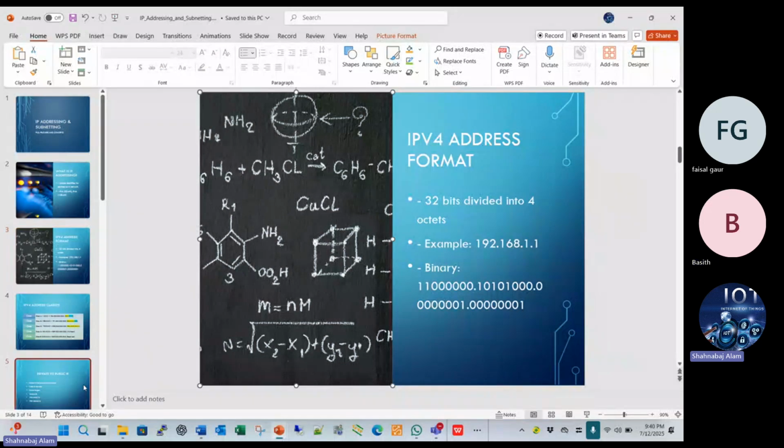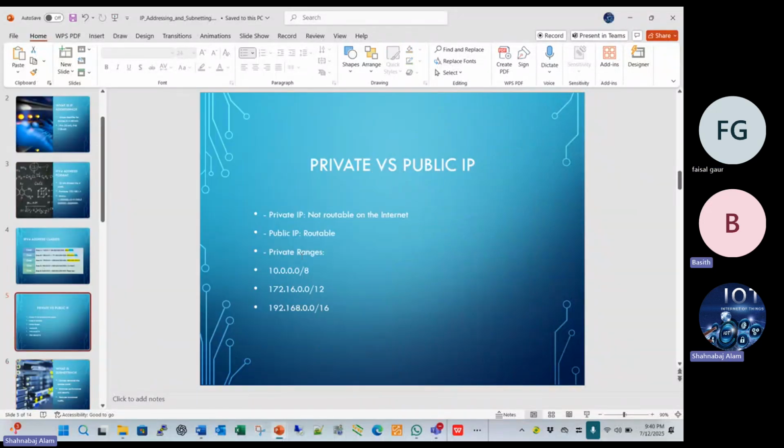Okay. Go to the next slide. We will also study private IP and public IP here. I think you understand public and private IP, right? You have already discussed it. Public IP is provided by any ISP.